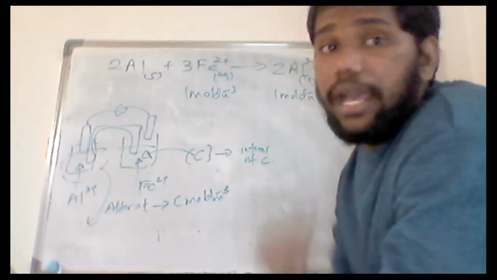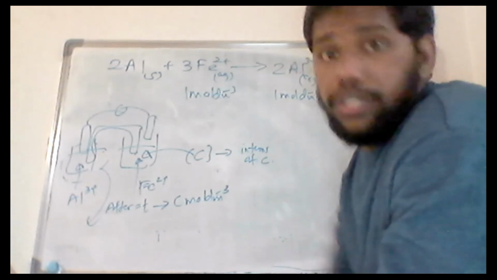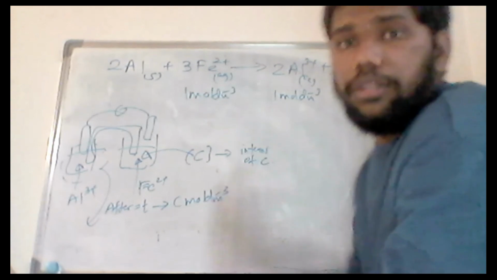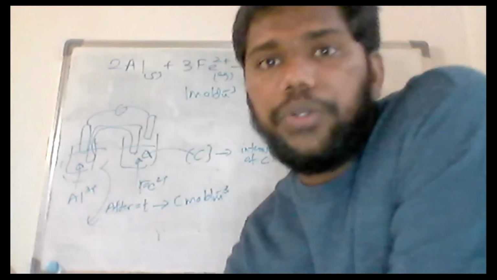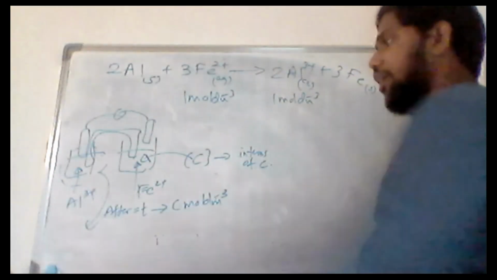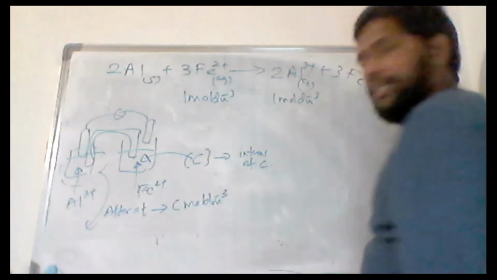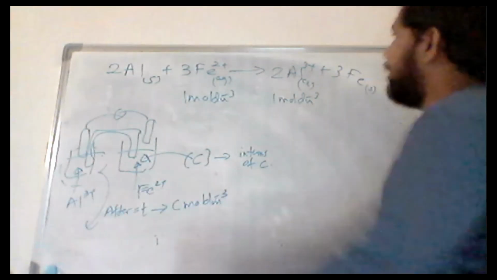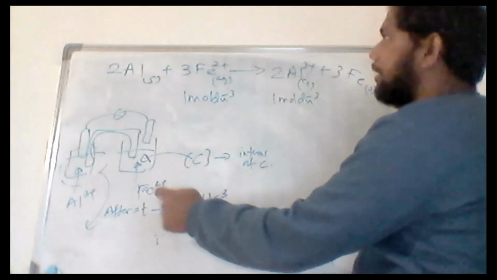Okay, so we have to check that using the amounts, the stoichiometry. How do you get that one? That is very important. So here the aluminium 3+ concentration is increasing in the anode compartment. Here the concentration is decreasing.